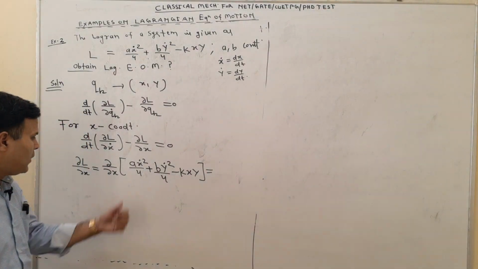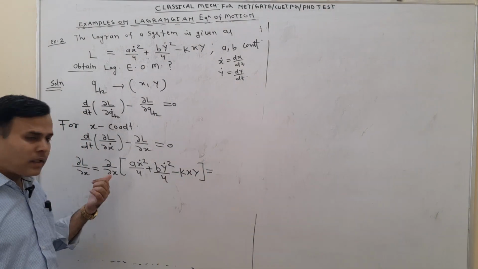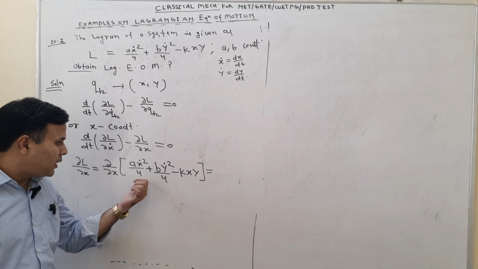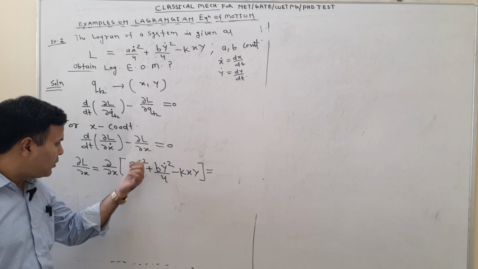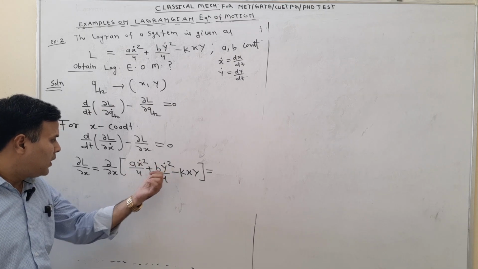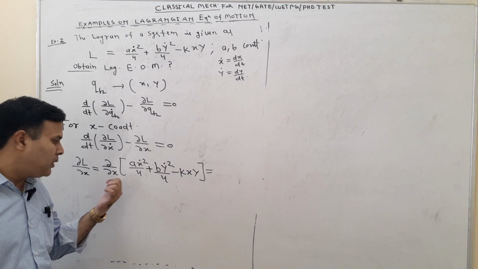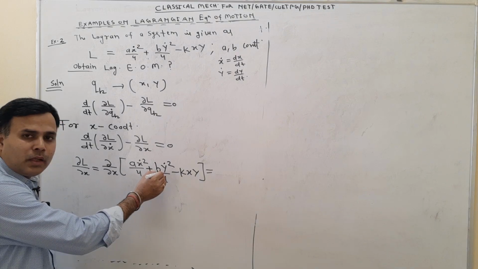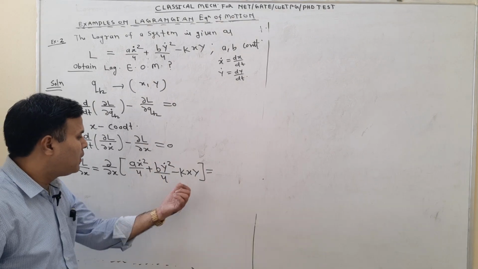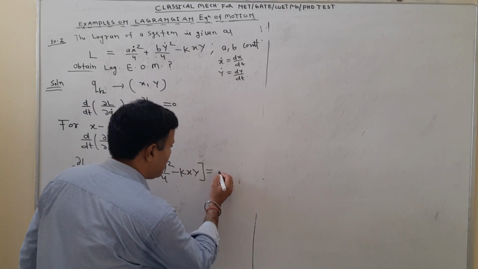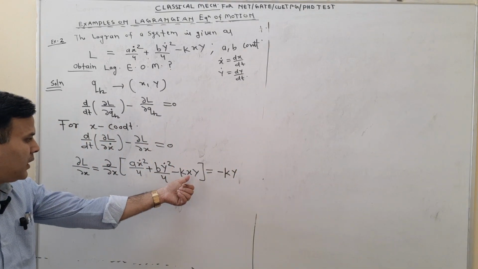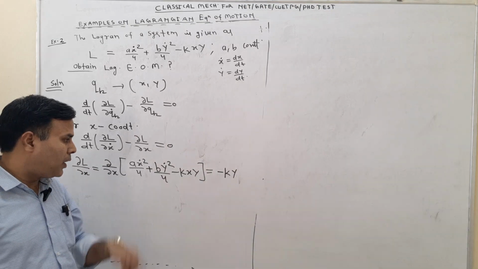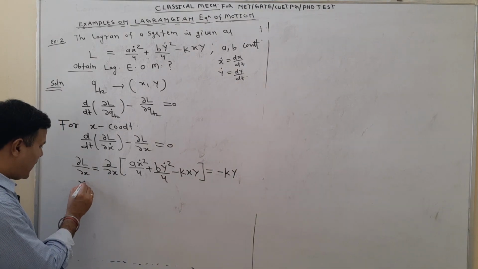Differentiating partially with respect to x, there is x dot and y dot, which give 0, and the last term gives minus ky, because partially differentiating x gives 1.